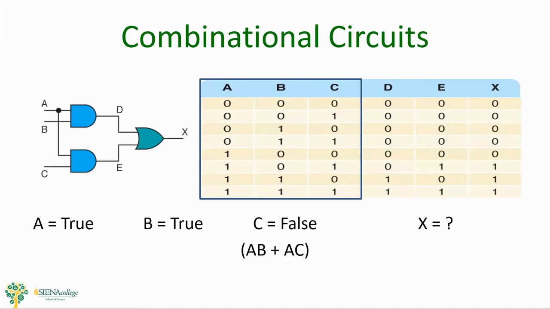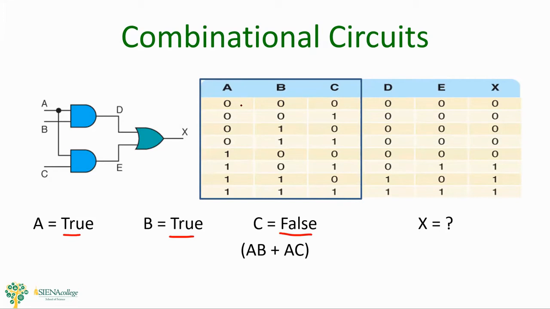Taking one of these combinational circuits, we can ask the question, what is our output given a given state for A, B, and C? For example, if we look for when A is true, B is true, and C is false, what is the output?